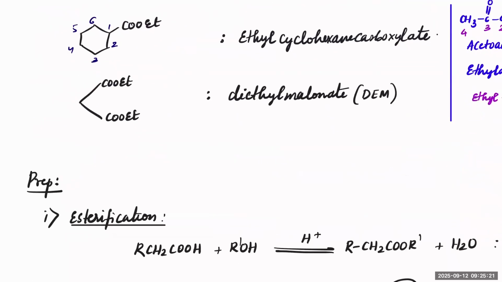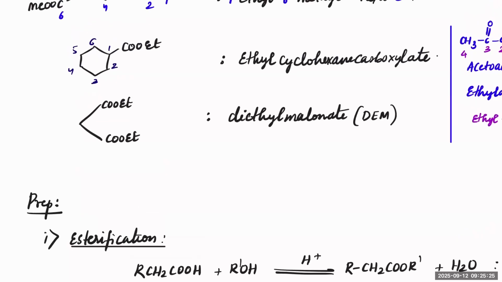Now, the important part comes when you have a cyclic structure. In cyclic structure, the numbering starts always on the cycle, not on the functional group, correct? So the functional group never gets rewarded with a number. It will be present on a cycle's first position, but the functional group's carbon itself will never be rewarded with a number.